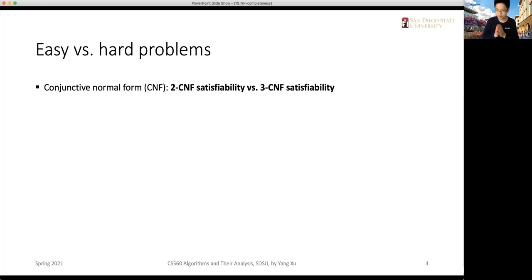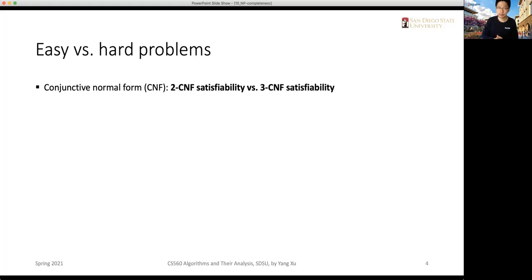After we have defined the CNF problem, basically any other kind of problem can be reduced to this type of problem.